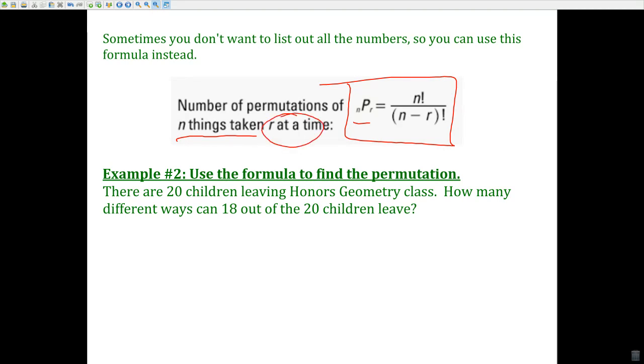R is like the favorable amount, or I like to say the different ways. You'll see that a lot in problems. What are the different ways, right? They'll say that quite a bit. Okay. Exclamation point, that doesn't mean we're excited to have N as the top number, or the numerator. No, it's not that excited. No, the exclamation point means factorial.